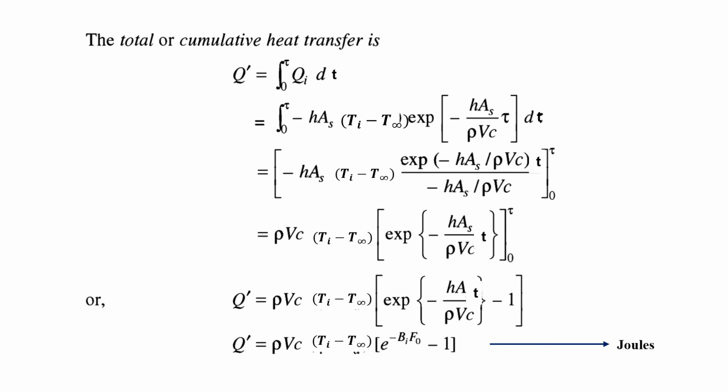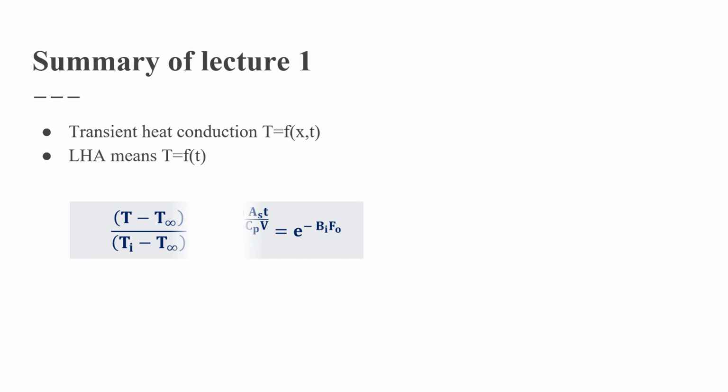Yes, now we have come to the last part of this, that is the summary of lecture 1. At the end of this presentation we have learnt what we mean by transient heat conduction, where temperature is a function of space and time. Then we studied the special case of transient heat conduction, that is lumped heat analysis, where temperature is a function of only time.